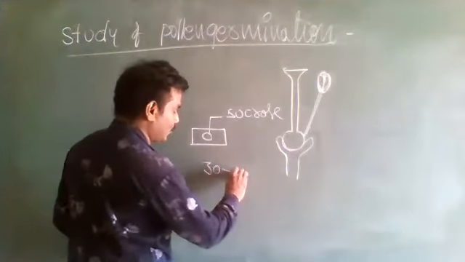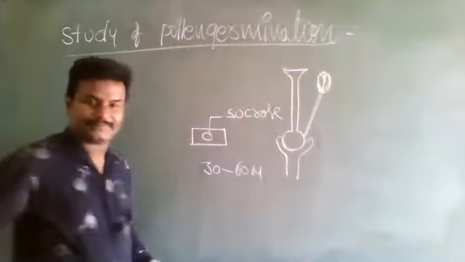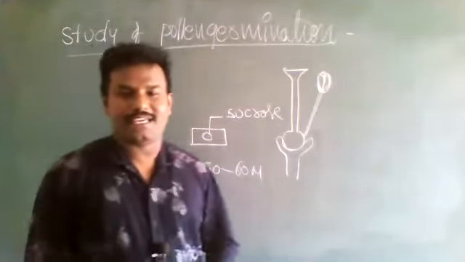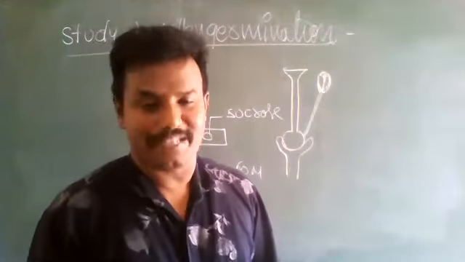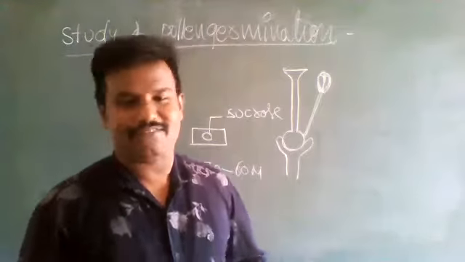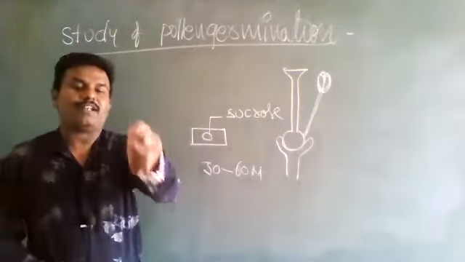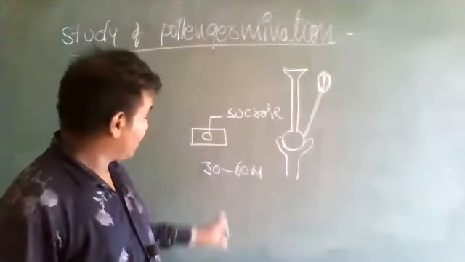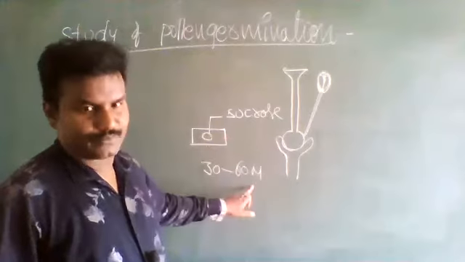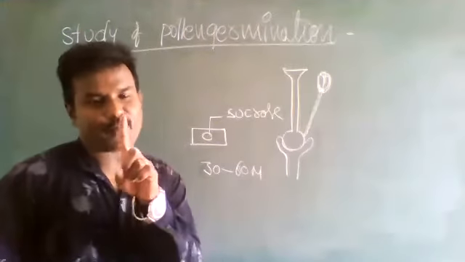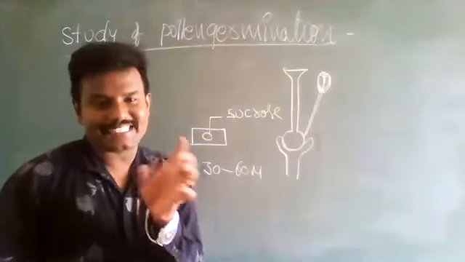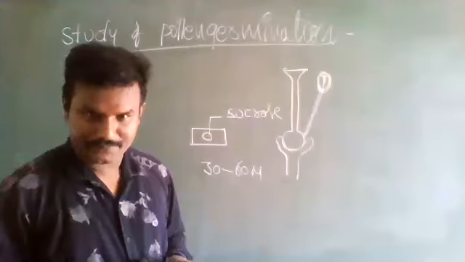30 to 60 minutes. Actually, in books they have given 15 to 20 minutes, or 10 to 15 minutes. But within 10 to 15 minutes, not even one pollen grain will germinate. If we keep this for about 60 minutes, then pollen grains start to germinate.